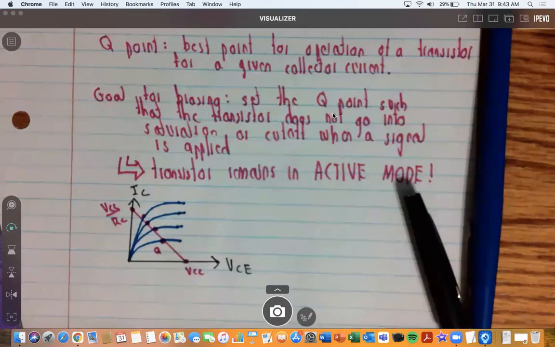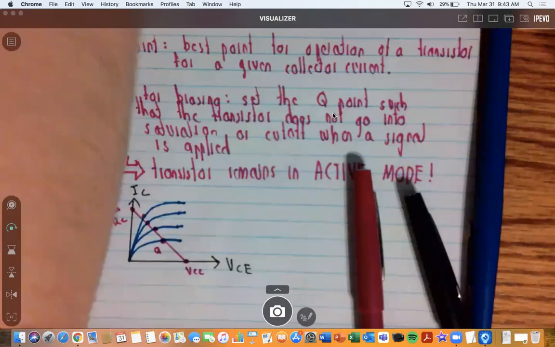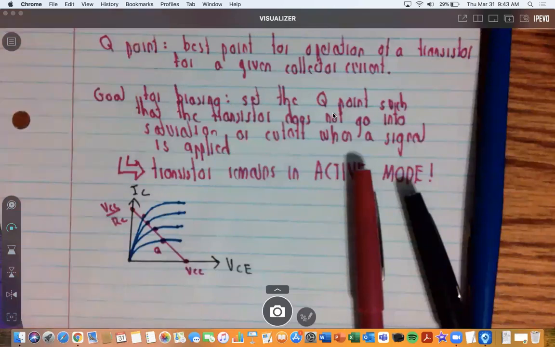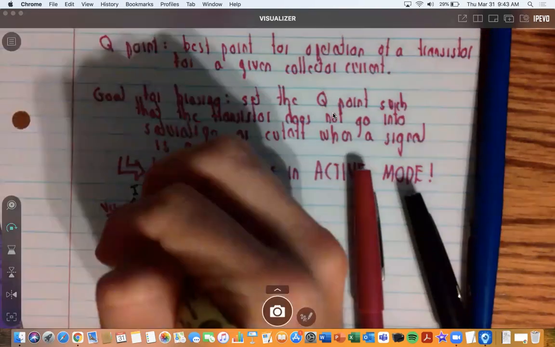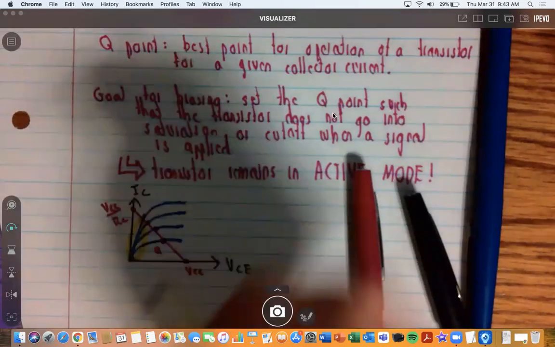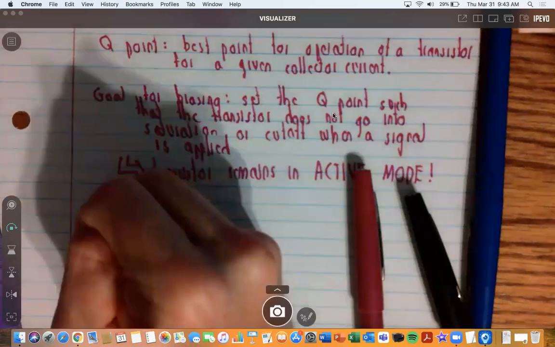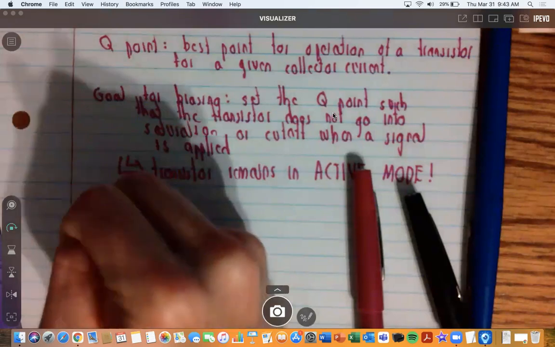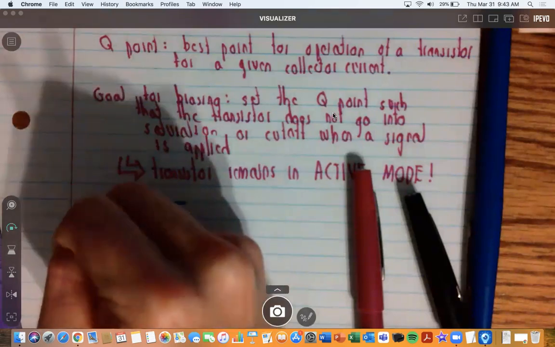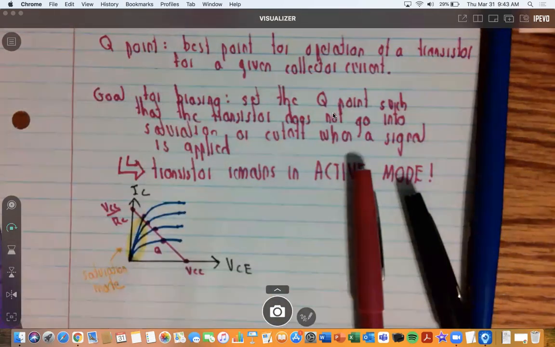And so a big thing to know is the different modes of operation. Within your transistor, the part leading up here is called the saturation mode. And then the next part, along that flat line, is the active mode.